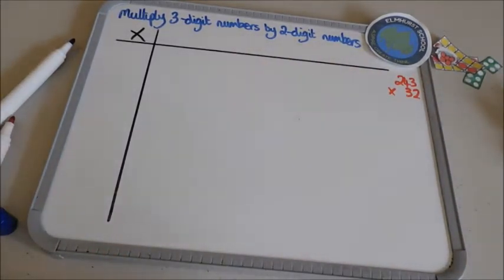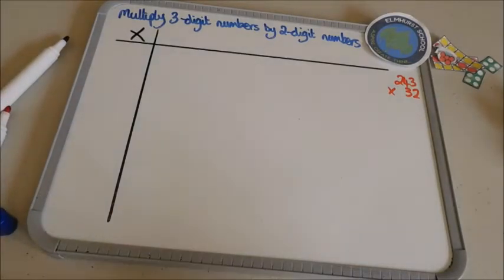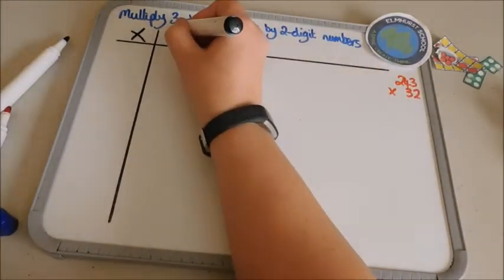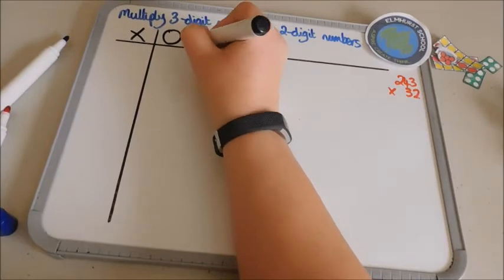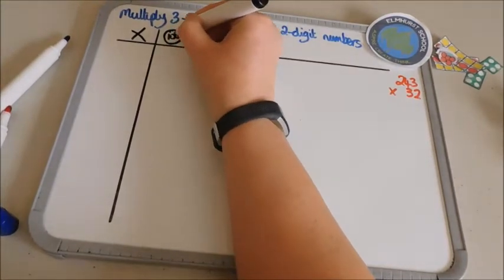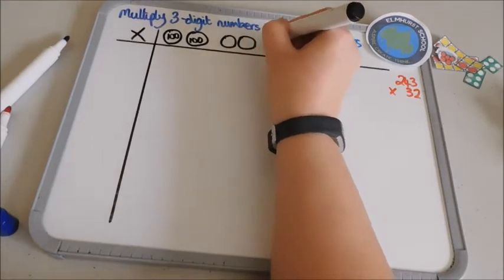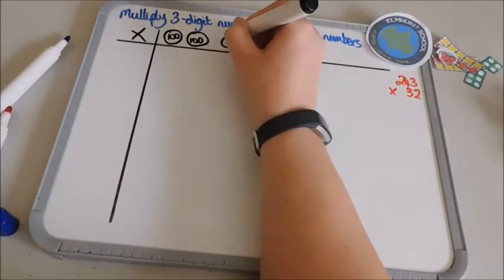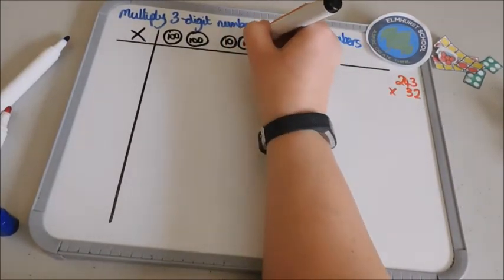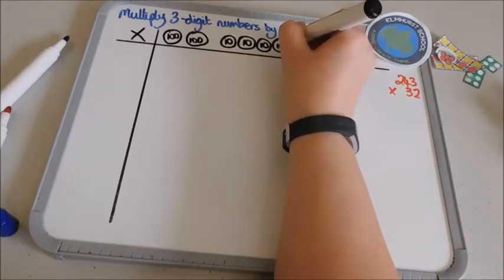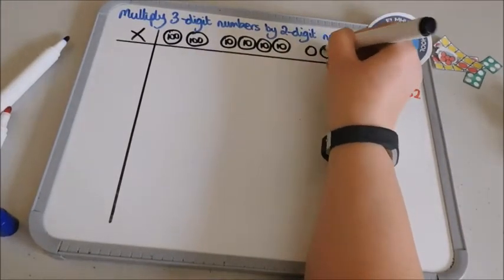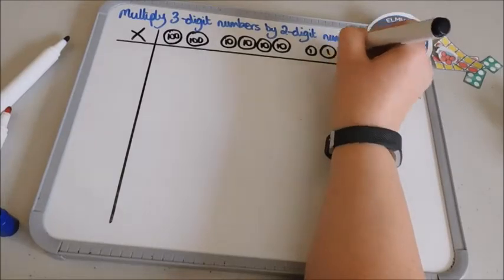The first thing I'm going to do is set up my numbers on my grid. So I've got 200, here's my hundreds, and 40, which are my tens. 3, these are my ones.